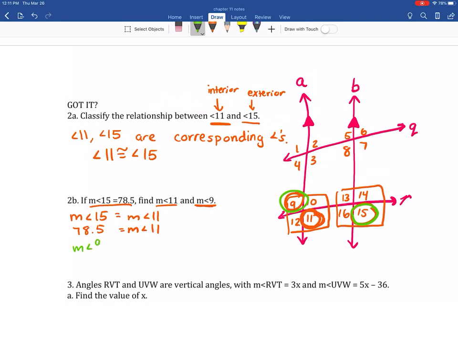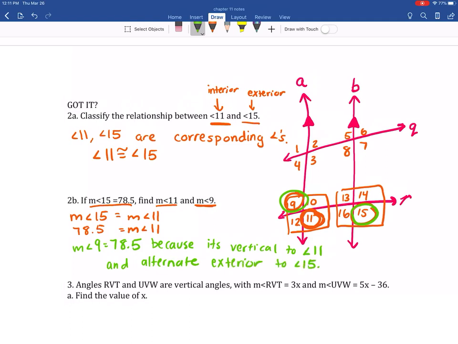So I could say the measure of angle 9 equals 78.5 because it's vertical to angle 11, and alternate exterior to angle 15. So either way you look at it, they're congruent. So they are all 78.5 degrees.